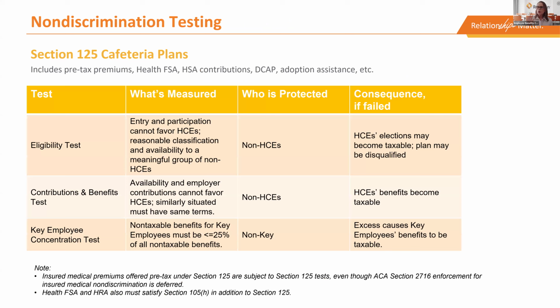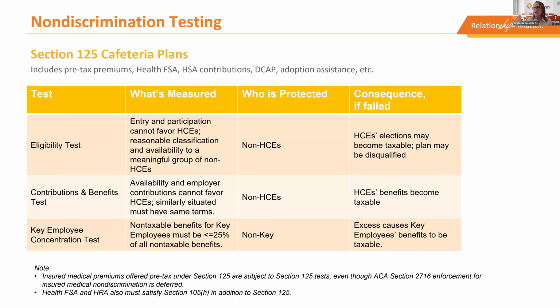So moving on, I won't go into a lot of detail about each one, but I've built these tables here for you to have a high-level understanding of what tests must be performed. So again, we've talked a lot about the Section 125 plan. It includes pre-tax premiums. That would be dental and vision as well. I talk a lot about medical, but don't forget those premiums as well.